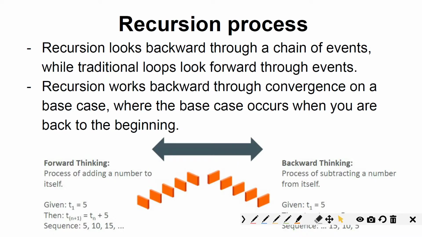The difference between those, as you see here, is the loop has forward thinking, and recursion works backward through the convergence from the base case to the base case, where the base case occurs when you are back to the beginning. Later I will show the example, so you understand how it really works.